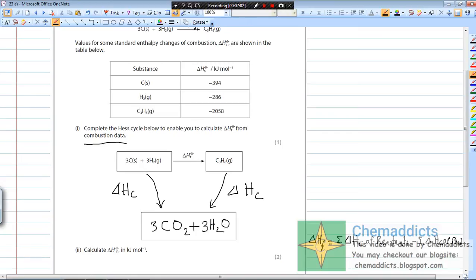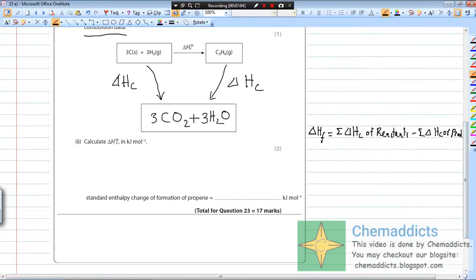Okay, so simply using this equation, del HF naught. So first of all is the sum of combustion enthalpy of reactants. Since there are 3 moles of carbon and 3 moles of hydrogen, we are just going to use 3. Okay, we just triple the values.